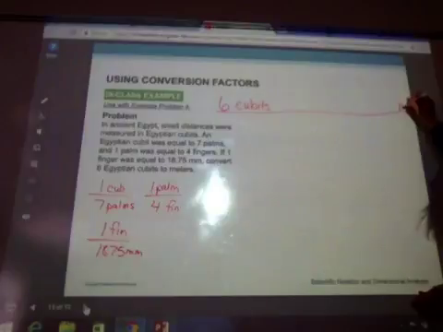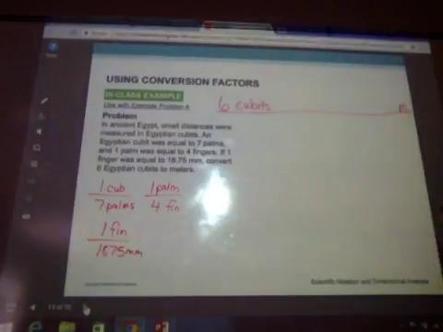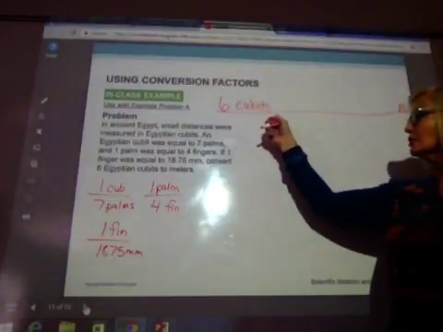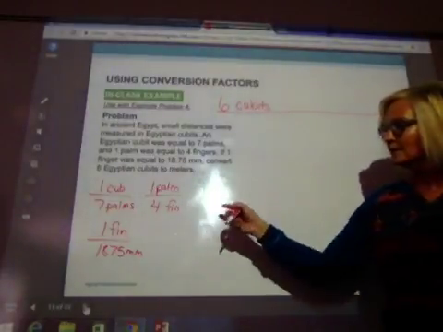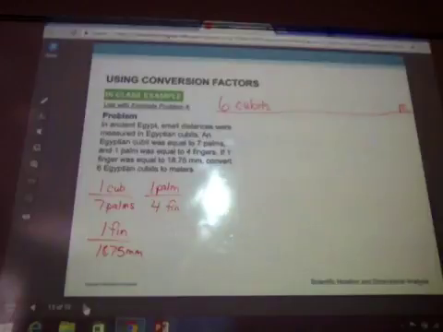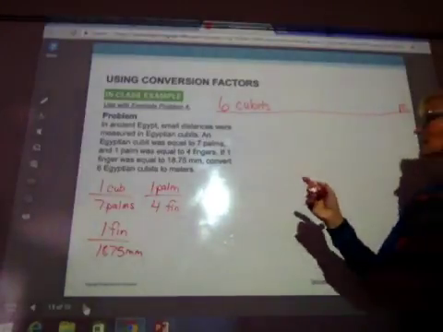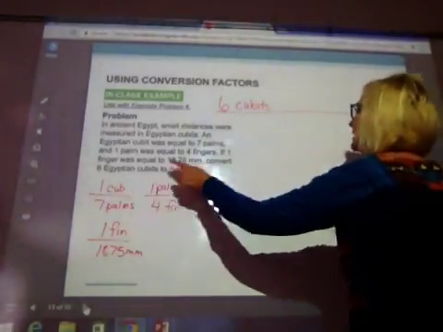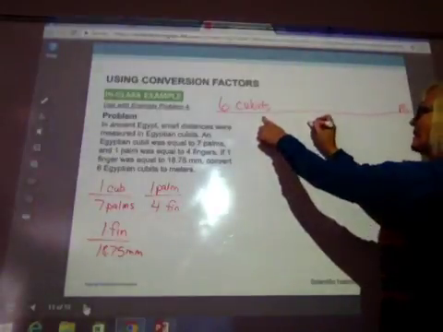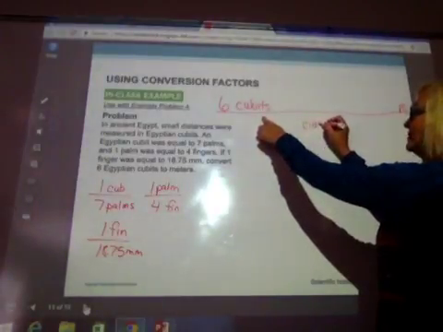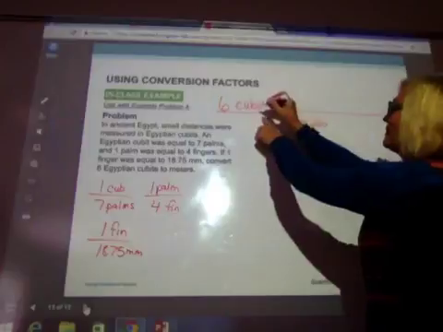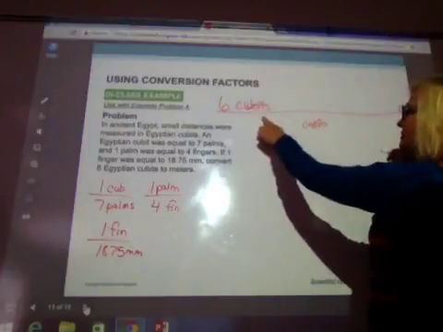Meters. Okay, I'm going to totally look at labeling. So 6 cubits, which conversion factor has cubits in it? Okay, so cubits has to go where? On the bottom, because I want that to cancel.